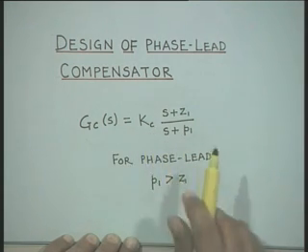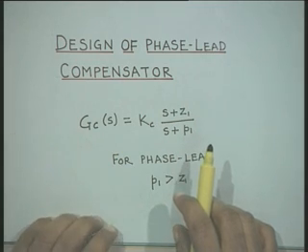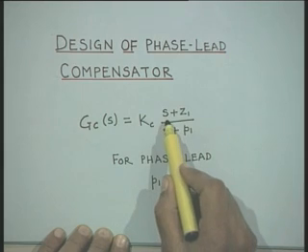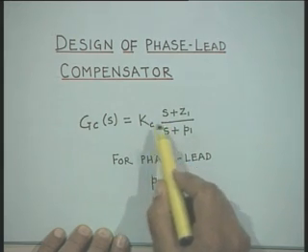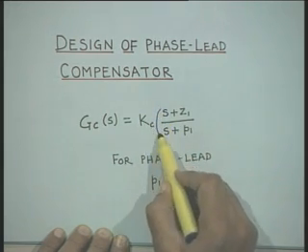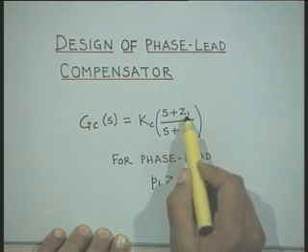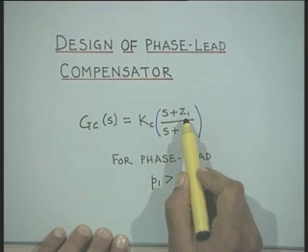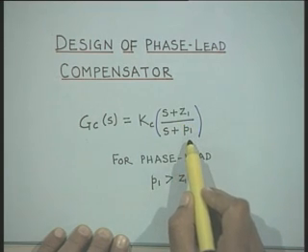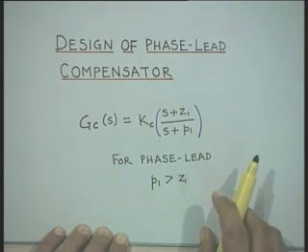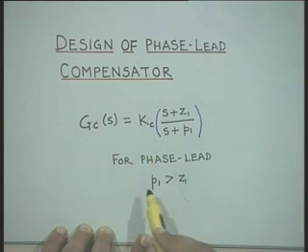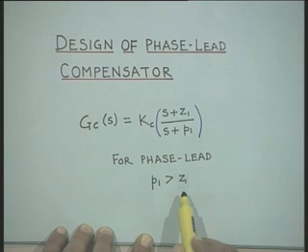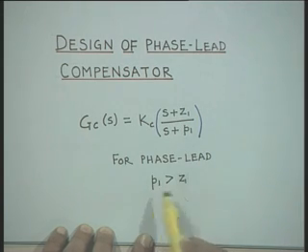In general, any phase lead compensator can be written as a gain KC multiplied with this transfer function, that is (S plus Z1) divided by (S plus P1). This Z1 is the zero of this transfer function and P1 is the pole of this transfer function. And for this transfer function to provide the phase lead, P1 should be greater than Z1.